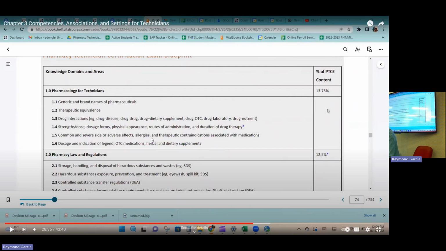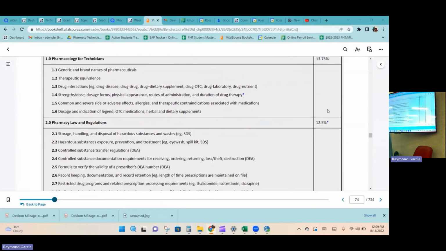Federal requirements is 12.5%. Patient safety and quality assurance is 26.25%. We'll finish learning that in your senior year. And order entry and processing is 21.25% of the exam. So that gives you a little outline of what to look forward to as far as the exam.